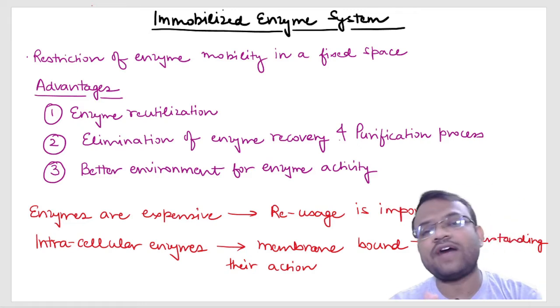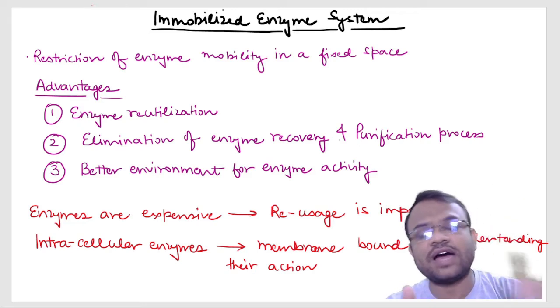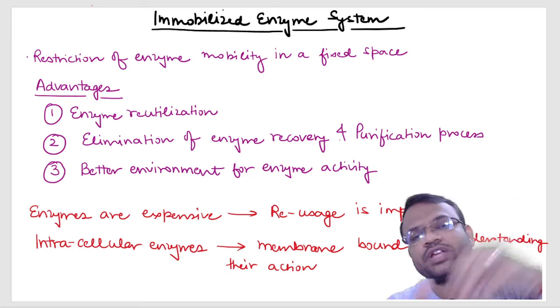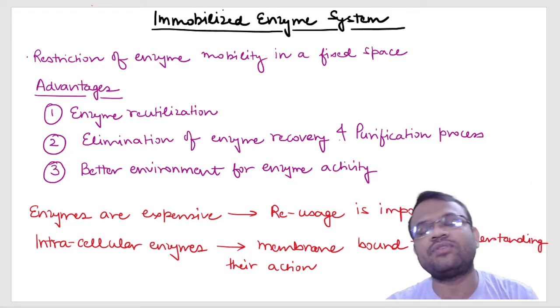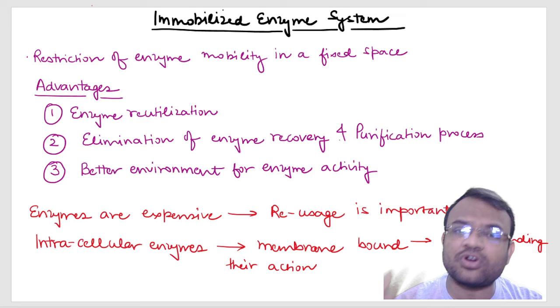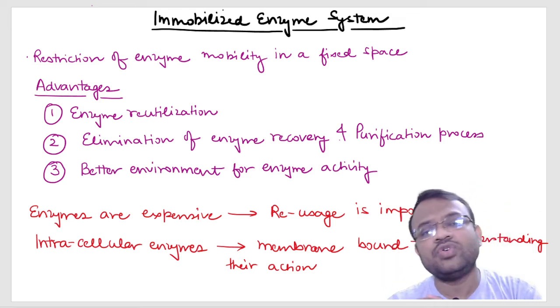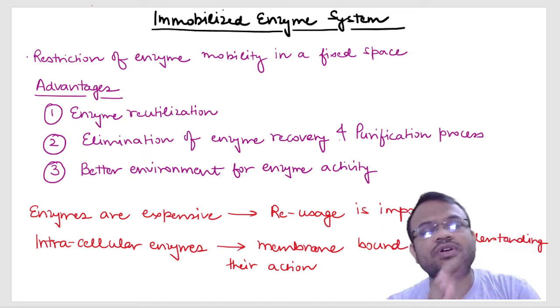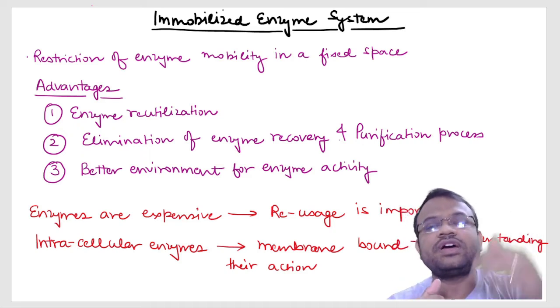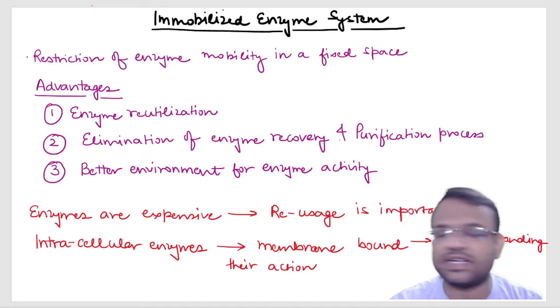Now in the next steps, you will have to remove this impurity or remove this enzyme from the product, because you will have to sell off the product only. Nobody is going to buy that enzyme from you, so you want to sell off that product. So in that case you will have to remove the enzyme, because enzyme is present as an impurity.